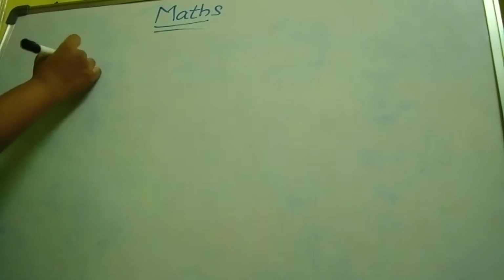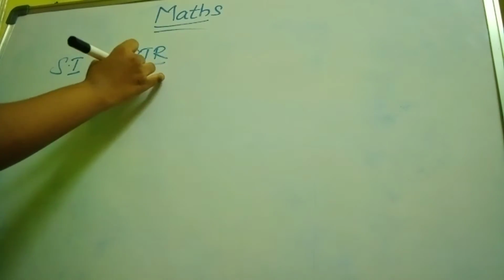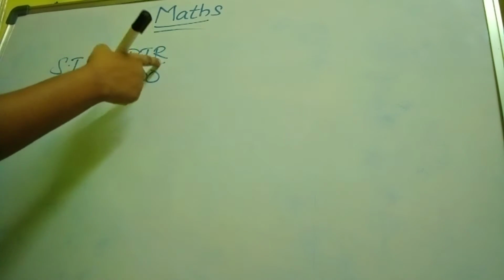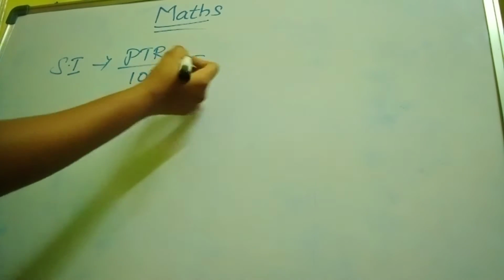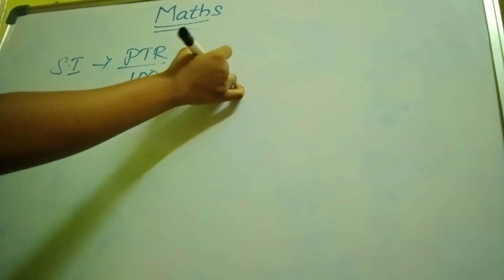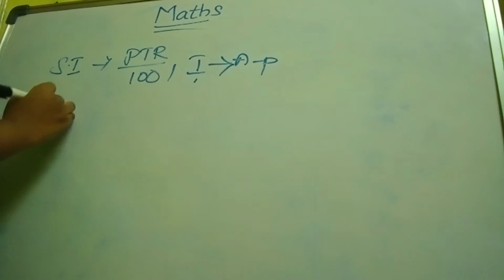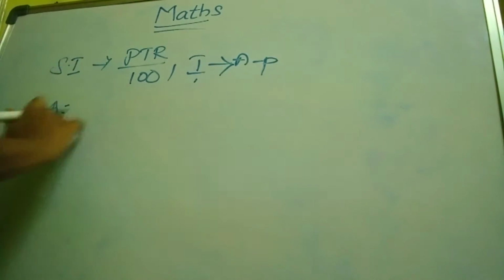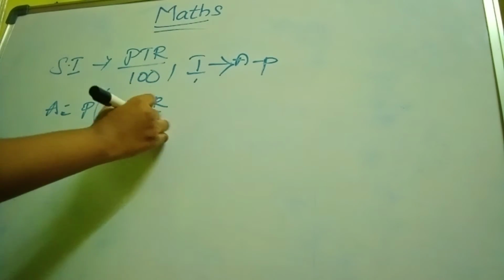So next, simple interest. How to find simple interest? SI is PTR by 100. P means principal, T means time, and R means rate of interest. I means interest, that is equal to amount minus P. A is equal to P into 1 plus TR by 100.